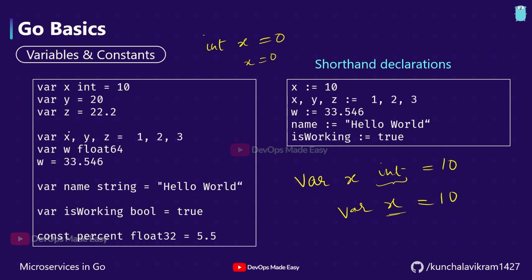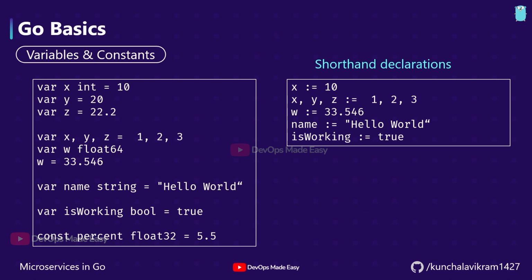You can also initialize three different variables at the same time using var x, y, z equal to 1, 2, 3. And then you can also declare a variable and initialize it later using var, and the name of the variable is w, and the type is float64, and in the next line I am initializing. So this is how you declare and initialize.